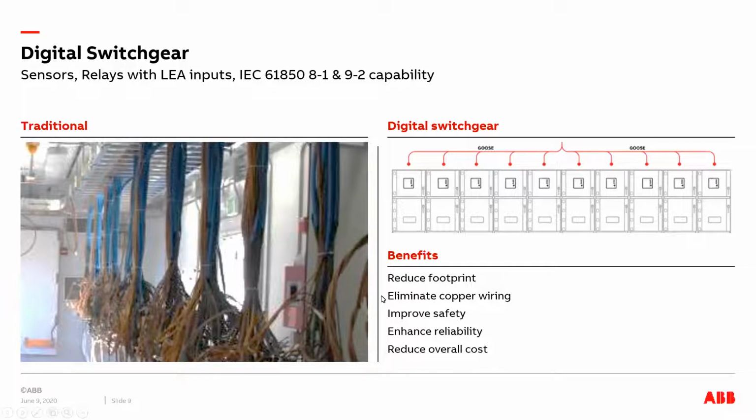It improves the safety of the equipment because we are not dealing with the open CT conditions anymore by using sensors, and there are no higher voltages and currents like 120 volts or 5 ampere to be dealt with when we are using sensors. And we are also eliminating the CT saturation condition, because the sensors are linear devices, which means there is no saturation in that.